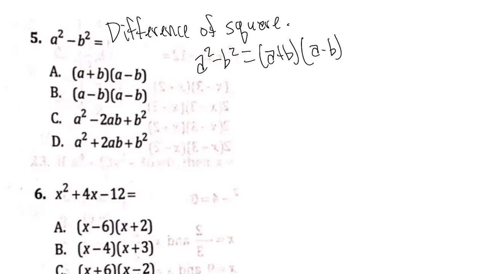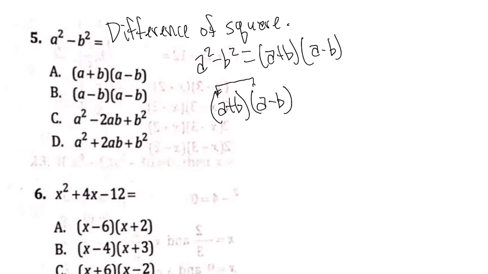Now, we could double check this, right? Let's double check it. A plus b, a minus b, and we just FOIL. First, right?